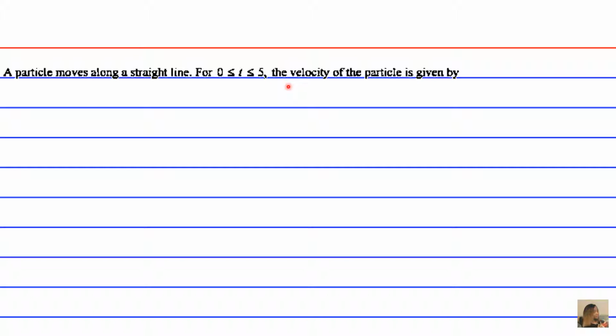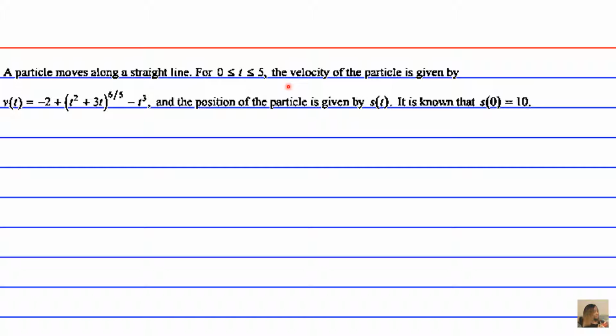The velocity of the particle is given by v of t equals -2 plus t squared plus 3t raised to the 6/5 power minus t to the 3rd power. And the position of the particle is given by s of t. It is known that s of 0, so at time 0 units, is equal to 10 units of position.